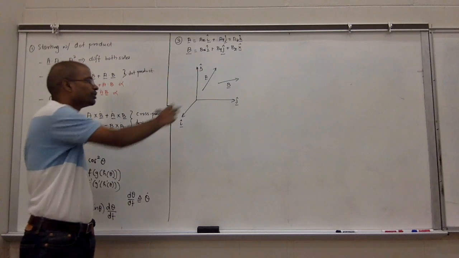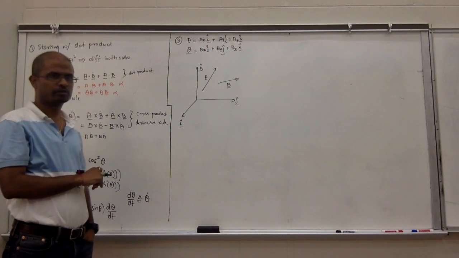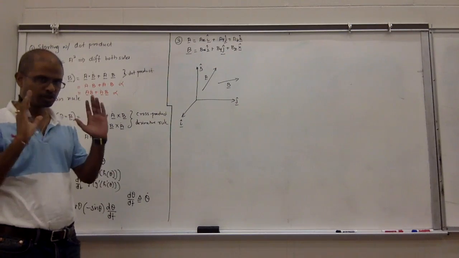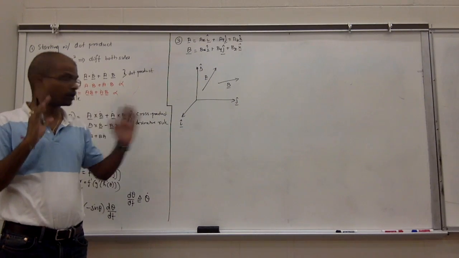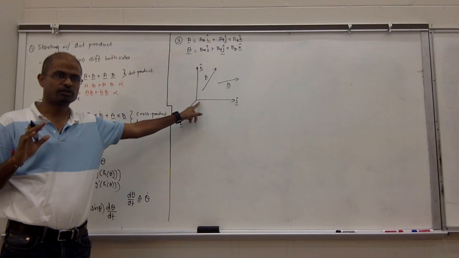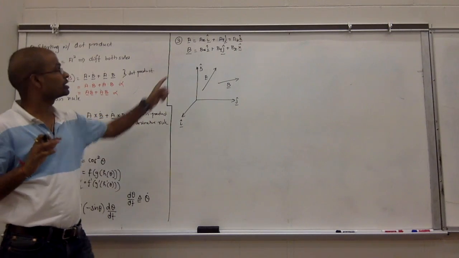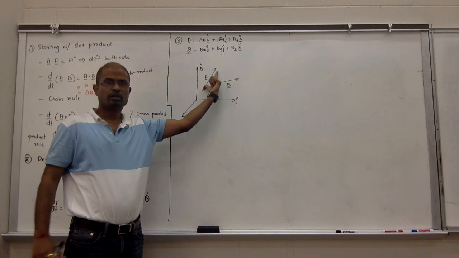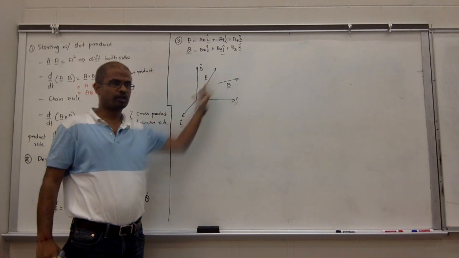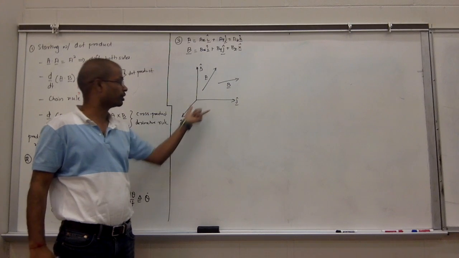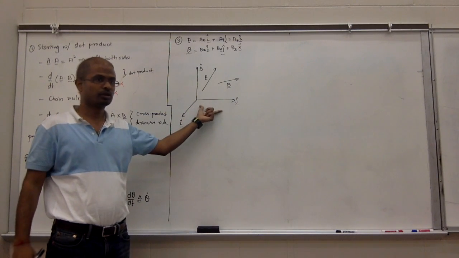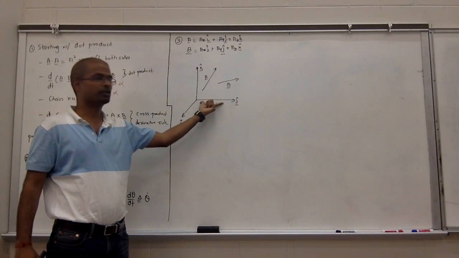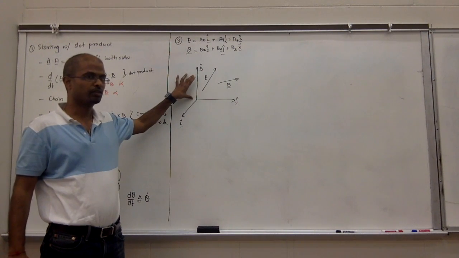It's like you're observing two cars' speed standing at one position, and your reference is this for both of them. So this IJK has components XYZ. AX is the component in the I direction, AY is the component in the J direction, and AZ is the component in the K direction.